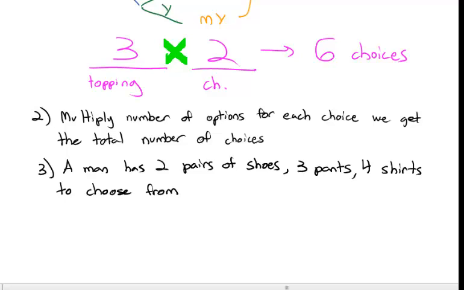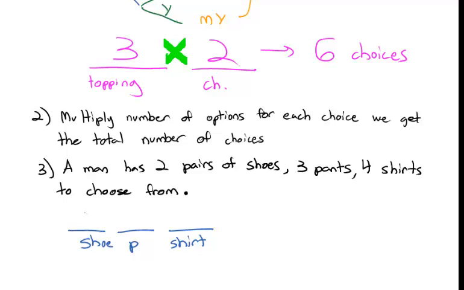We can determine how many total outfits he could come up with for the day by looking at each individual choice. The first choice is the shoe. The second choice is the pants. Probably need more letters for shoe because the third choice is shirt.